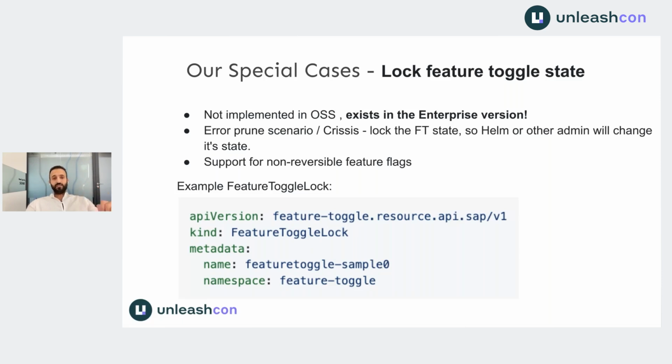So if a CI/CD now starts, we first check if a feature toggle lock resource exists for this toggle, so we will not override it. We also have a version on the feature toggle resource, so we do not update the version on that resource. So we support non-reversible feature flag states.